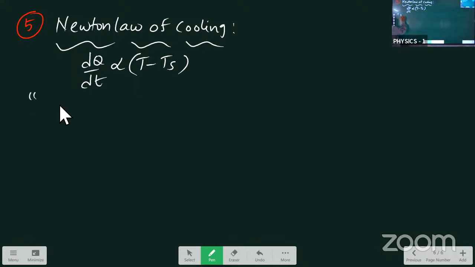See, rate of loss of heat. Loss meaning the hot body loses temperature. Hot body temperature with respect to time slowly decreases. That's why we are saying that word lose.